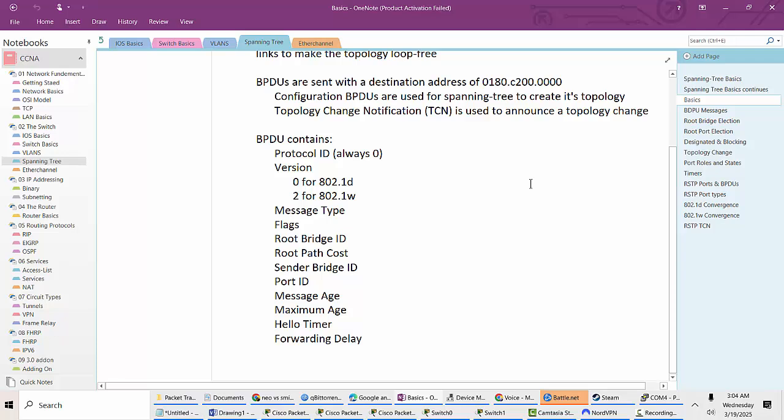Now, what is in a BPDU? Well, as you can see on the screen, some information. What I like to talk about is the root bridge ID, the root path costs, the port ID, the hello timers, and the forwarding delay.